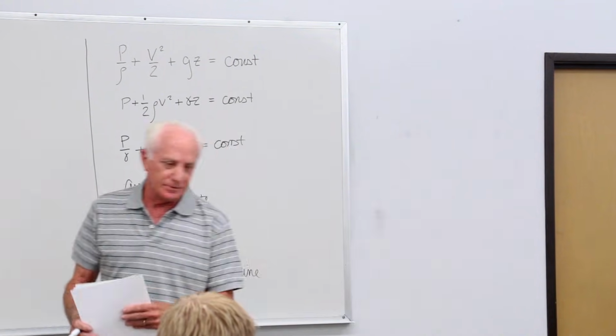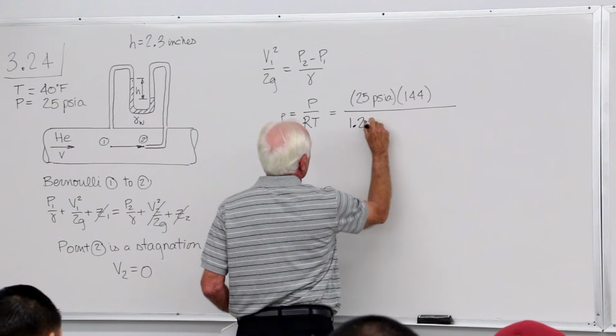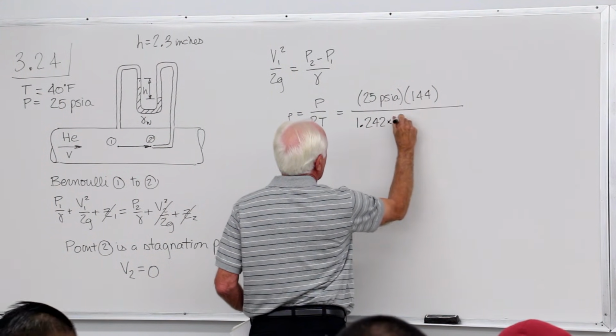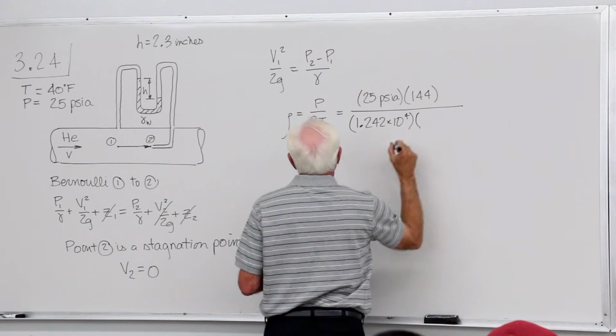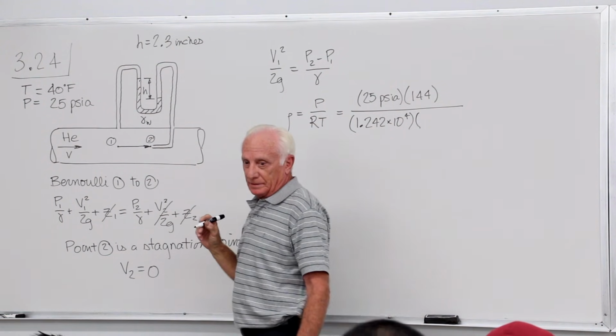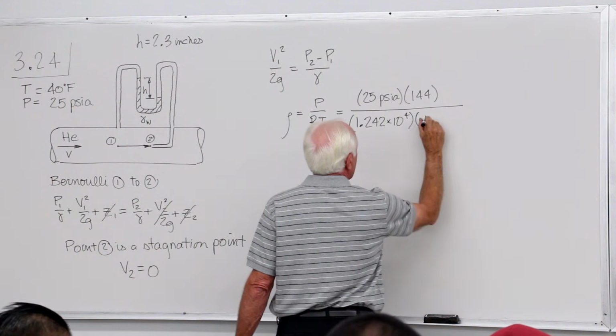1.242 times 10 to the 4. And T, don't forget T is absolute: 460 plus 40.